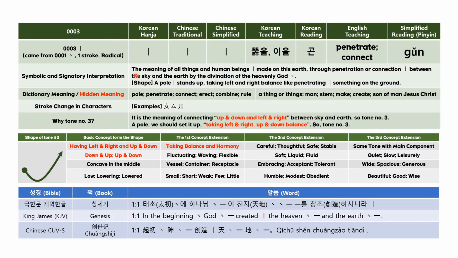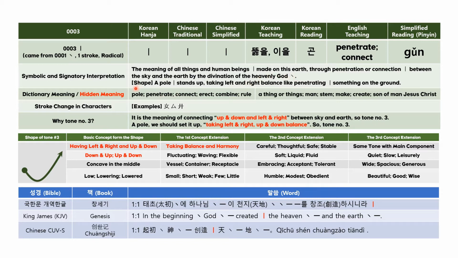I interpret this character as the meaning of all things and human beings: just one stroke, from up to down, made on the earth through penetration or connection between the sky and the earth by the divination of the heavenly God. Do you remember the hidden meanings of the dot, zu?